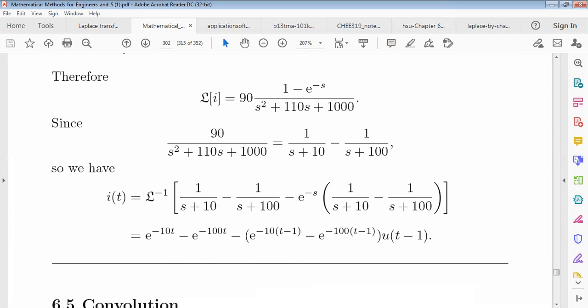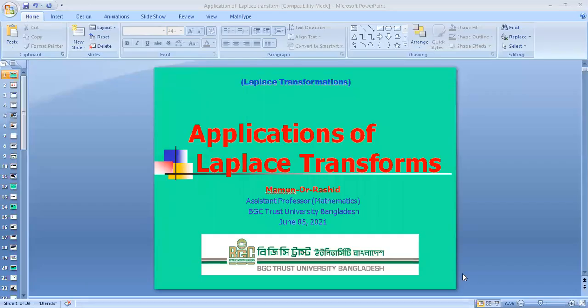So thanks to everybody. I have discussed 6 engineering problems, which are applications of Laplace transform. If you practice, I hope everybody can solve these types of problems, which is very necessary for you.